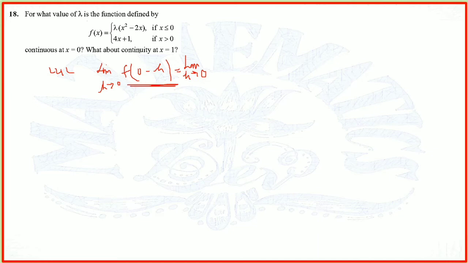When x is less than 0, the function is lambda into x square, meaning 0 minus h whole square, minus 2 times x, meaning 0 minus h, big bracket closed.